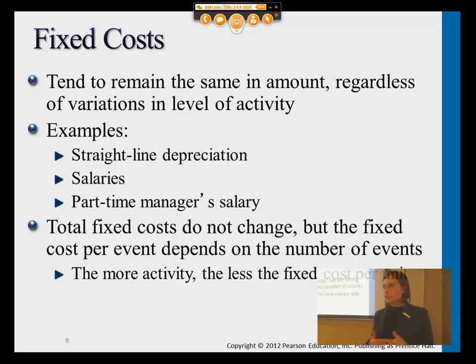So my fixed costs tend to remain the same amount, and it doesn't really depend on the level of activity. Now, what could be examples? My salaries, right? My part-time manager salary is a good example.